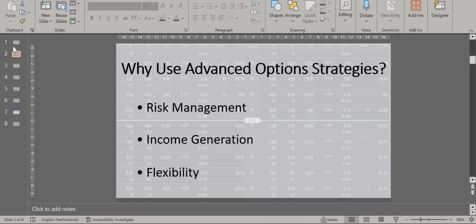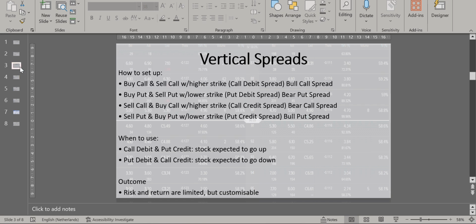But we'll get to see later, as we move on, how these strategies are based and what they entail. And so let's start first and foremost with the vertical spreads. Now, the vertical spreads, just to explain, basically include a position on two options.